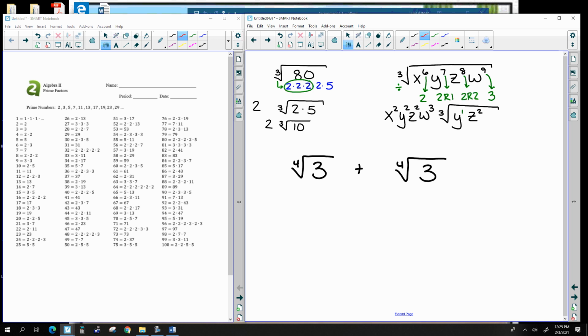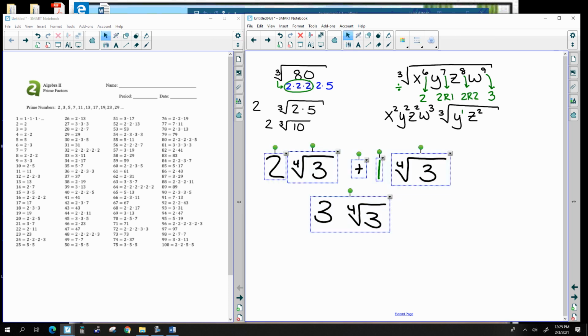If I have 2 and 1, because they're both fourth roots of 3, I'm able to add that. So that's 2 plus 1, which would be 3, fourth root of 3. The inside doesn't change. You'll only add and subtract that outside number.